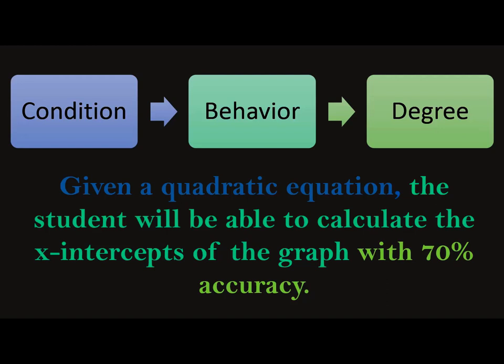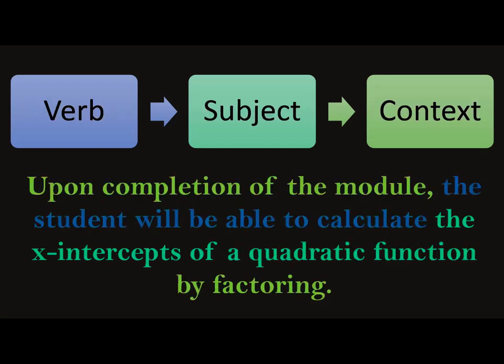And so with remediation, I've seen that a lot, but in general, you don't really see the whole degree thing being added in. So this is very similar to that, but obviously a little bit different. We don't have the degree here. So upon completion of the module, the student will be able to.